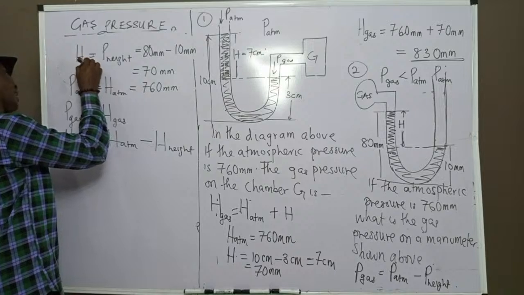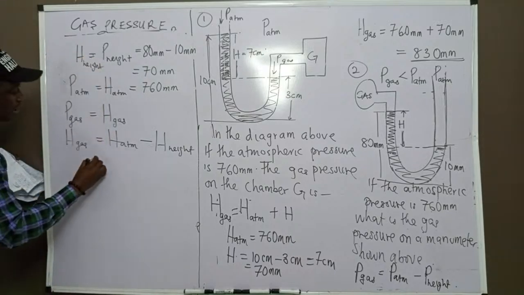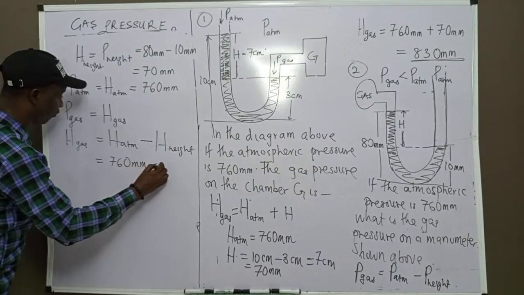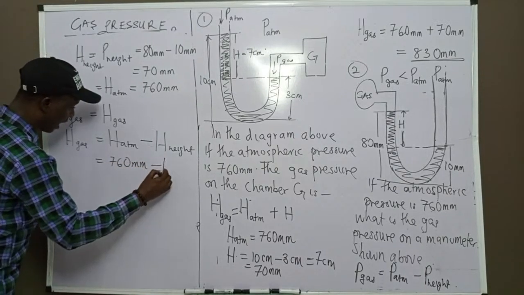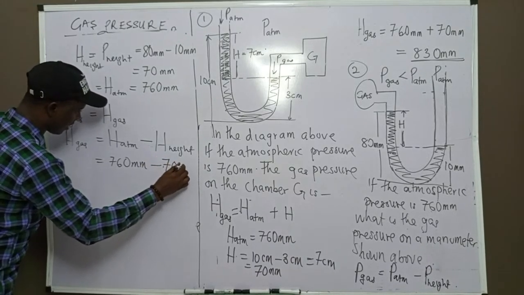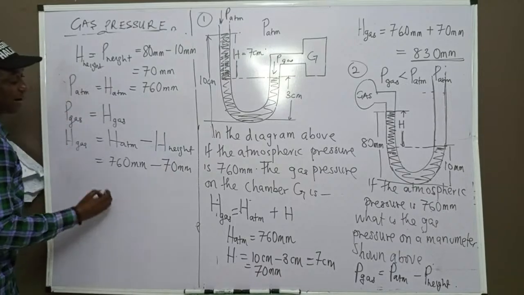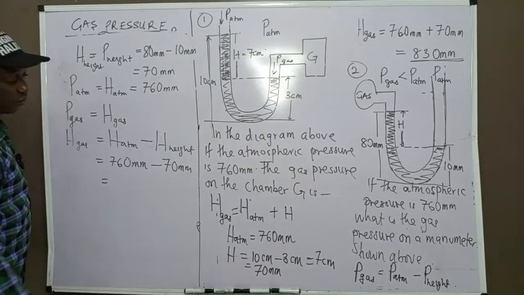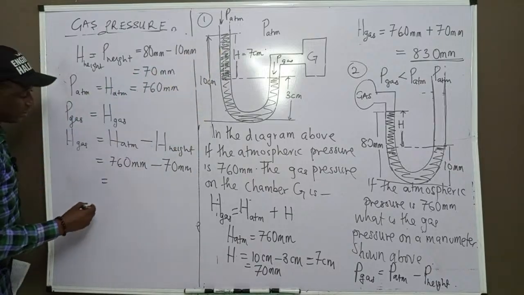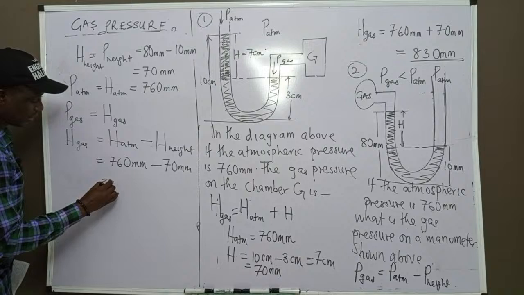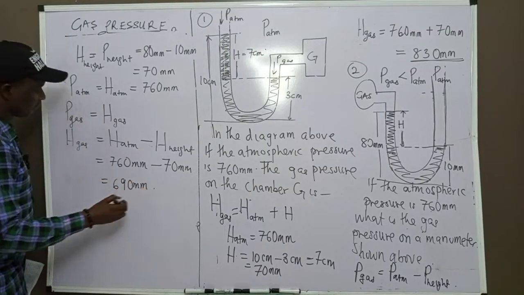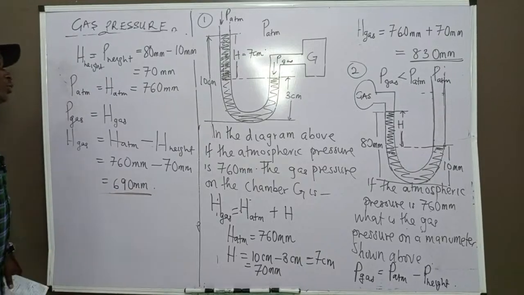So we have 760 mm of mercury minus 70 mm. In this one we are using minus. The other one, we use plus to solve. After we check, we use plus to finalize it. What I want to have now is 690 mm. Use your calculator and you are going to have that.